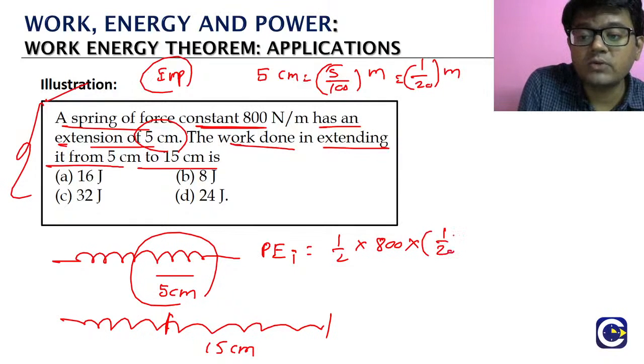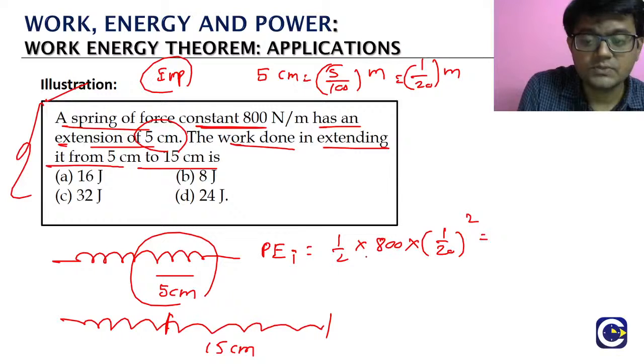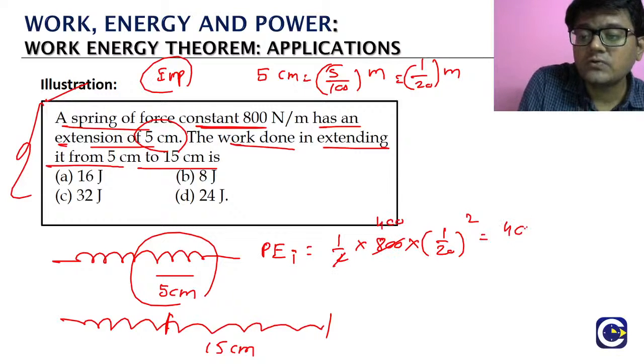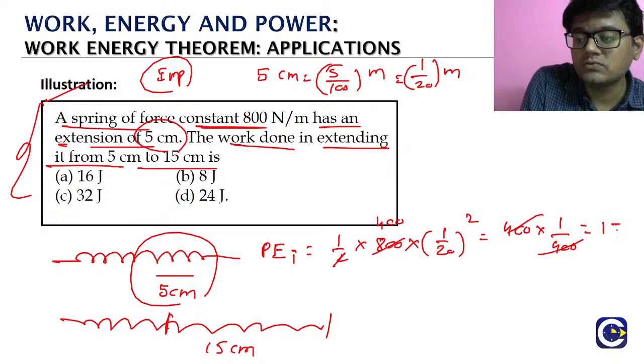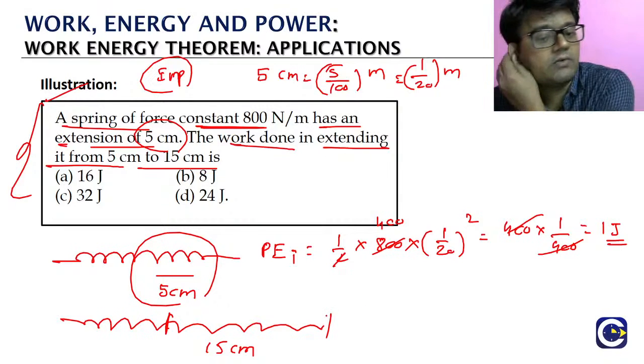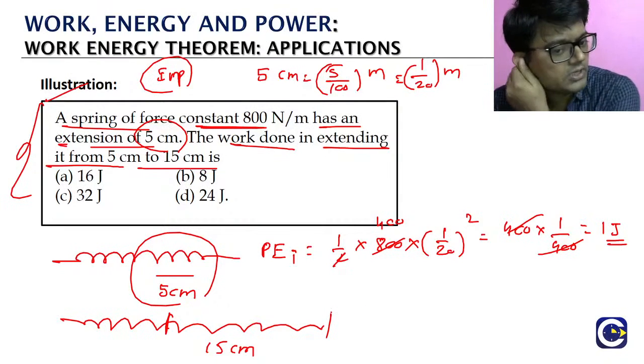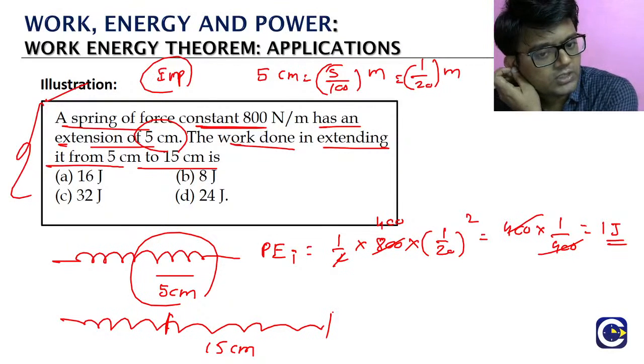So 1 by 20 square. Parunga, idanadi 2 ones are 2, 400s are 400 into 1 by 20 square means what? Adu 400 dana. Cancel aidum. So initial potential energy evla? 1 joule. Initial potential energy evla? 1 joule. Okay va?